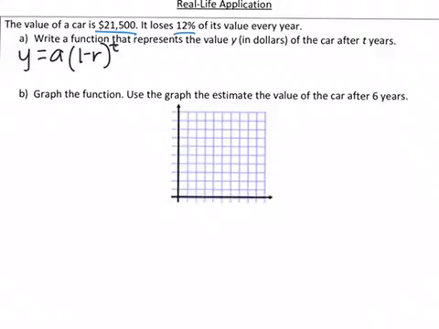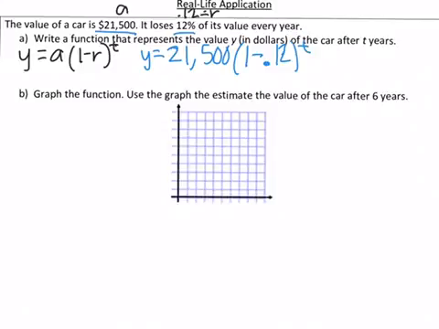Well, $21,500 is the initial amount that we paid for the car, and 12%, well, we have to convert that to a decimal, which is 0.12, and that's going to go in for our rate. So let's go ahead and plug in those values, and then we'll have to simplify, and we'll be done. So we have that y equals our initial value of 21,500 times 1 minus our rate, which we just figured is 0.12, and then t is our power.